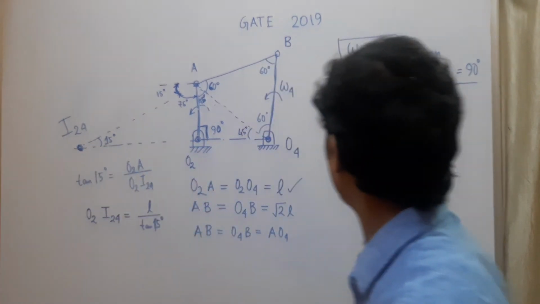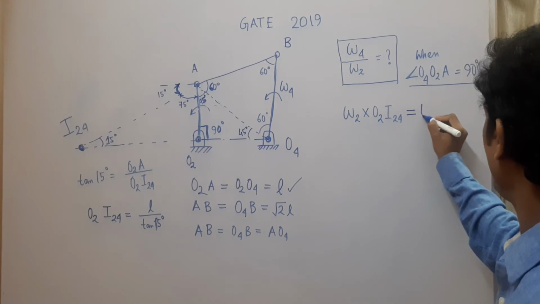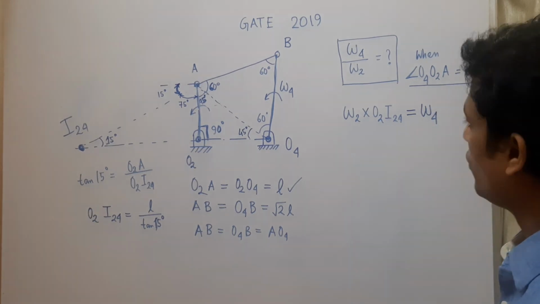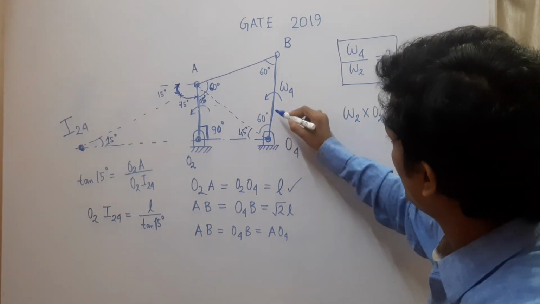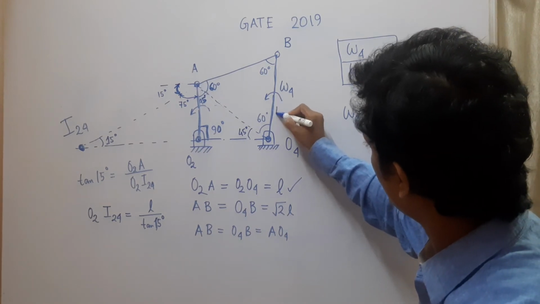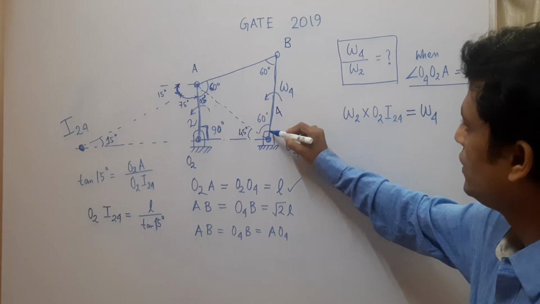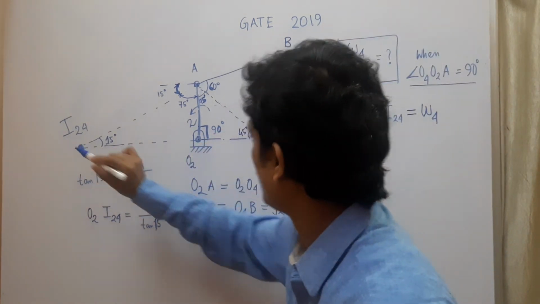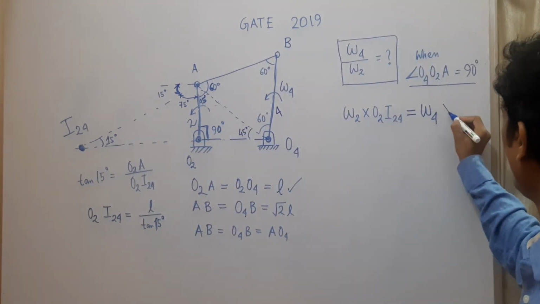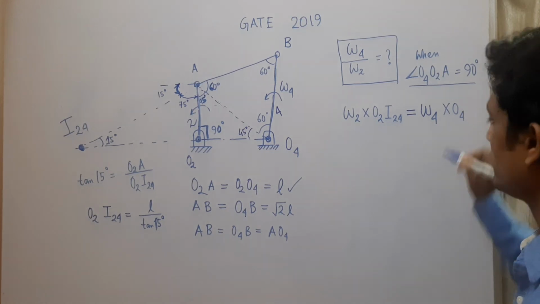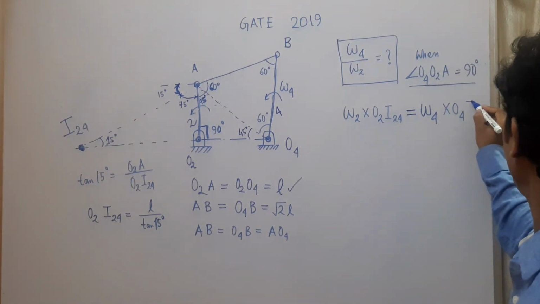It will be equal to omega 4, the velocity of link 4. This is link 4, this is link 2. Velocity of link 4 at I24 is omega 4 into O4 I24.